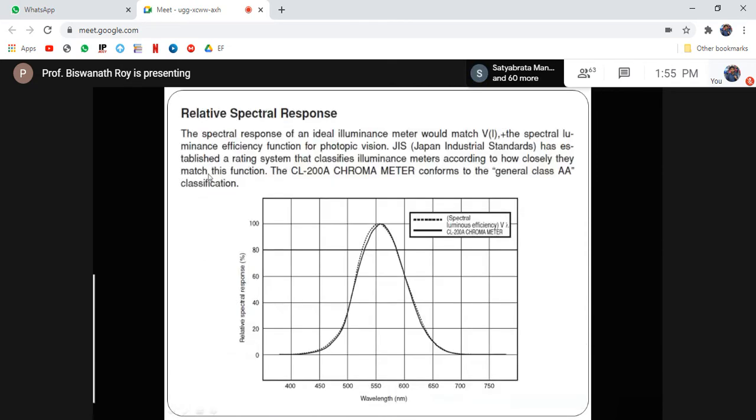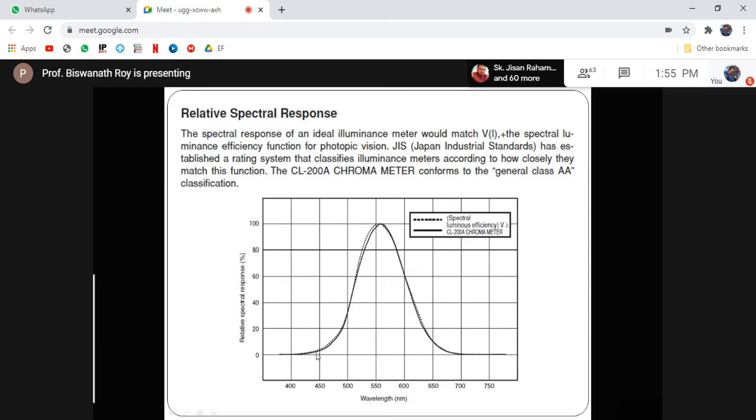And here it is shown only the response of one cone receptor. The spectral response of an ideal luminance meter would match V lambda, the spectral luminous efficacy function of photopic vision.